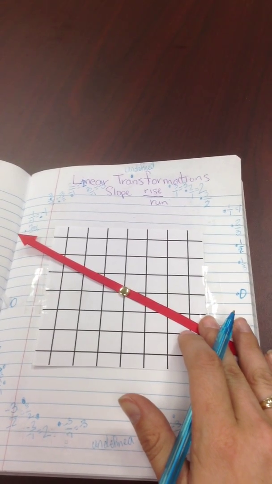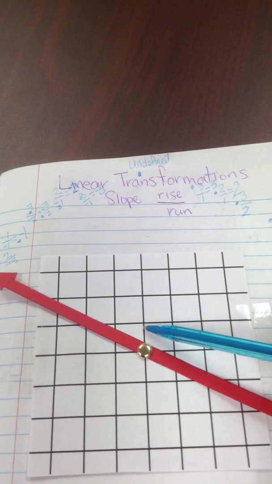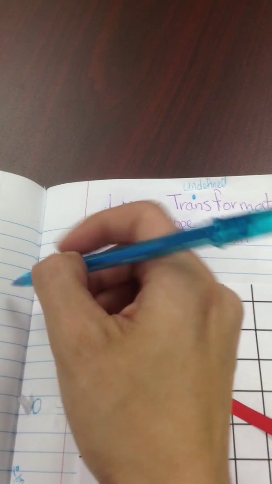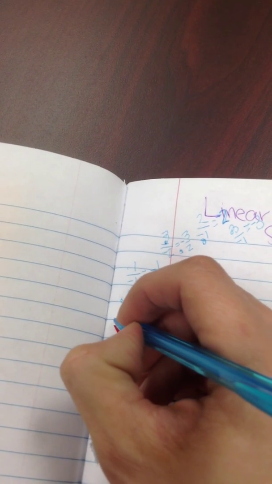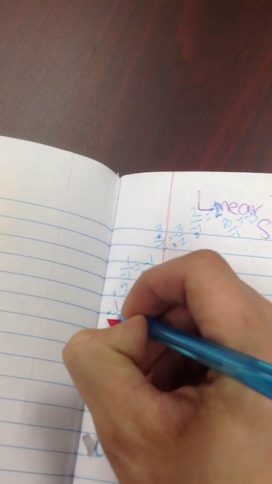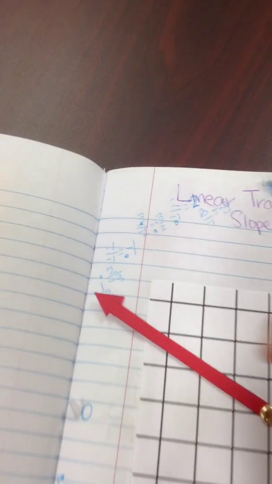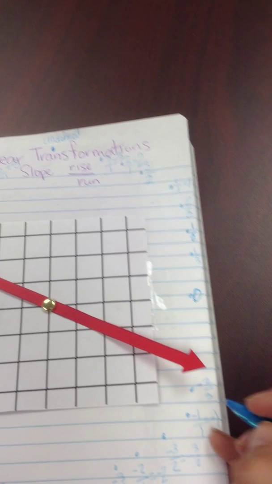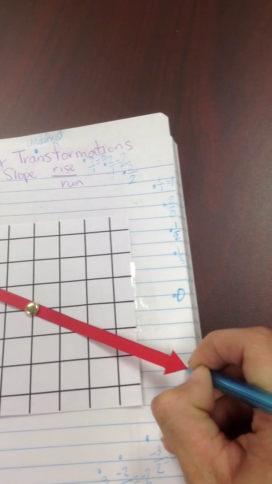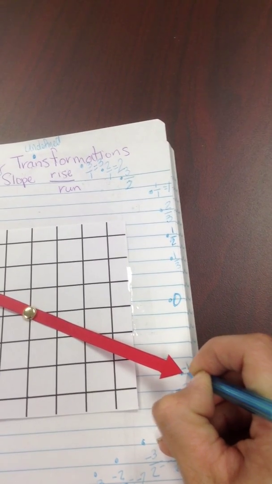Flattening this out a little bit, if we go up 1 and to the left 2, moving to the left is in the negative direction, negative 1/2. Or we could say that we went down 1 and to the right 2.